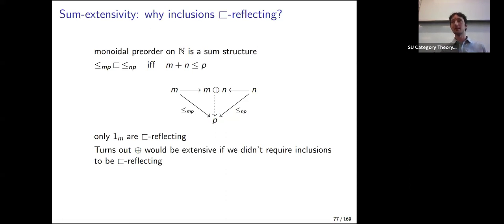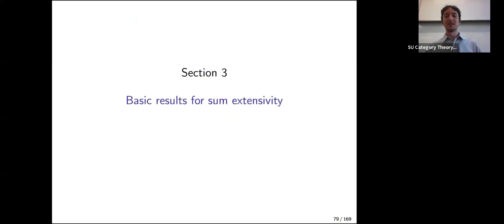So the inclusions are not C-reflecting here, obviously, if they're not always identity. This example doesn't behave very well; most of the results that we'll be discussing in the next section don't hold for it. Okay, cool, so let's look at these results.